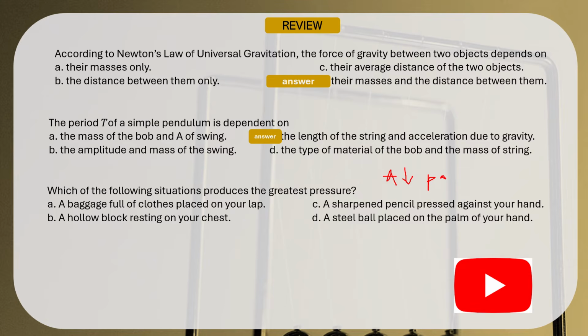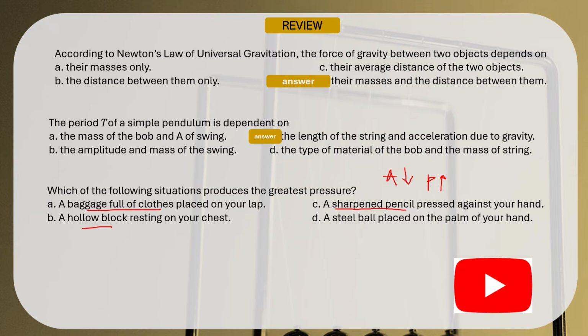So among the options here, which one has a lesser area and force is applied there? A baggage full of clothes placed on your lap has greater area. A hollow block resting on your chest has greater area.